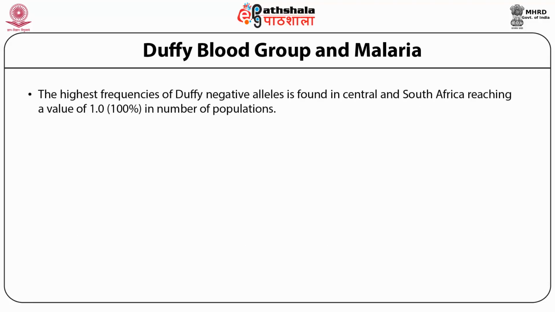The highest frequency of the Duffy negative allele is found in Central and South Africa, reaching a value of 1, which means 100% of the population. Moderate to high frequency is found in Northern Africa and the Middle East, low frequency in a part of India, and close to zero in native populations throughout the rest of the world.